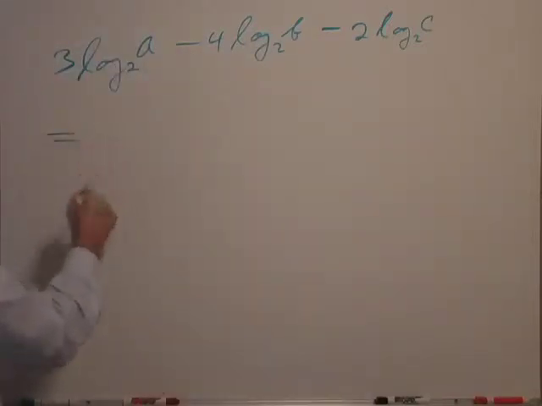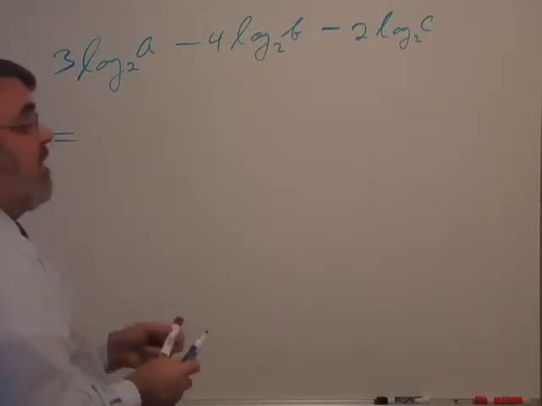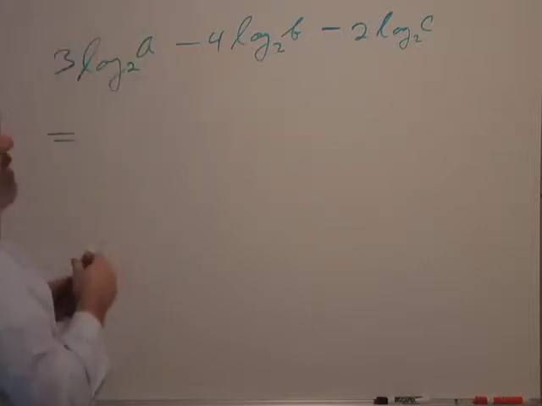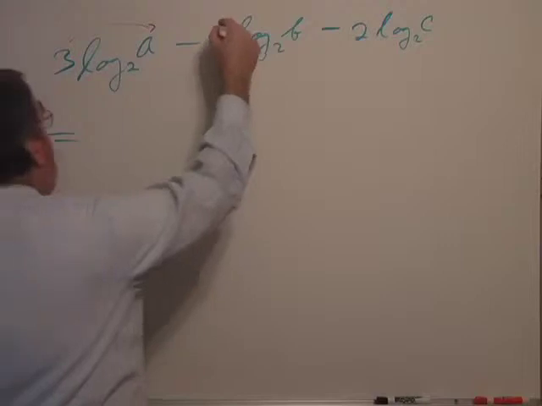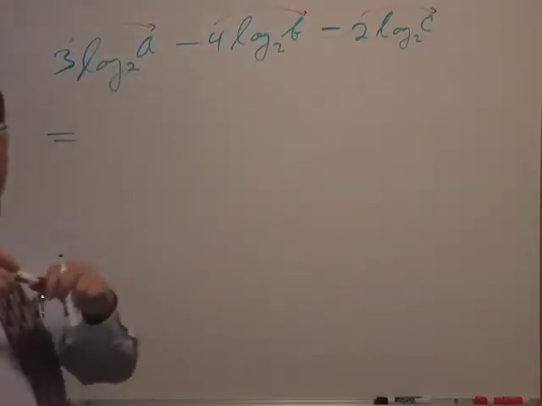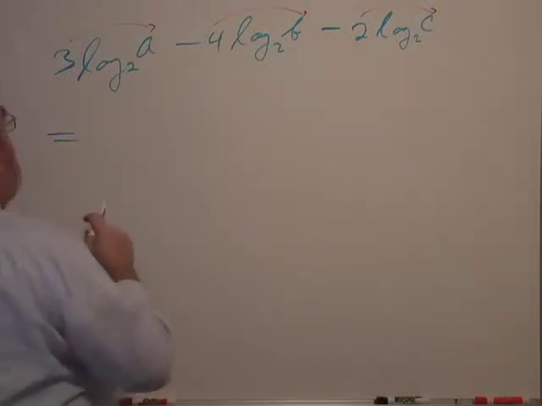I'm going to use the power rule first of all. The power rule says that a power of a log can multiply the logarithm. Well, you can work in reverse and literally take these coefficients and make them powers of the bases.